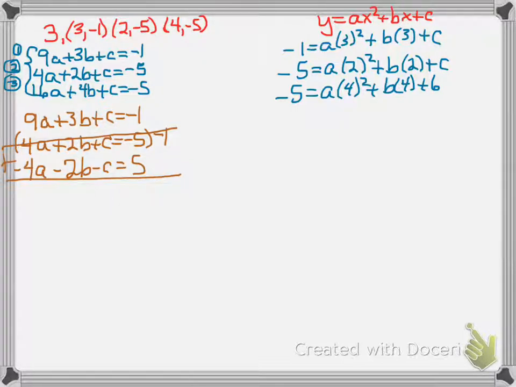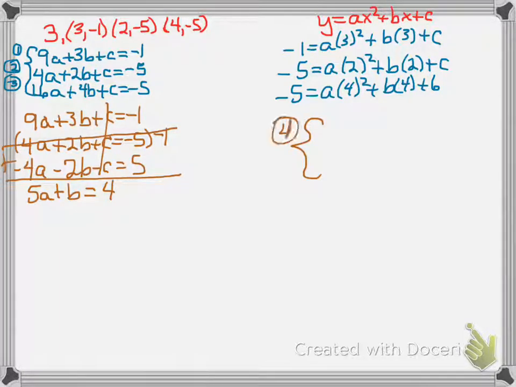I've got 9a minus 4a gives me 5a. I've got 3b minus 2b gives me plus b. My c's cancel each other out, and I am left with -1 plus 5 is 4.